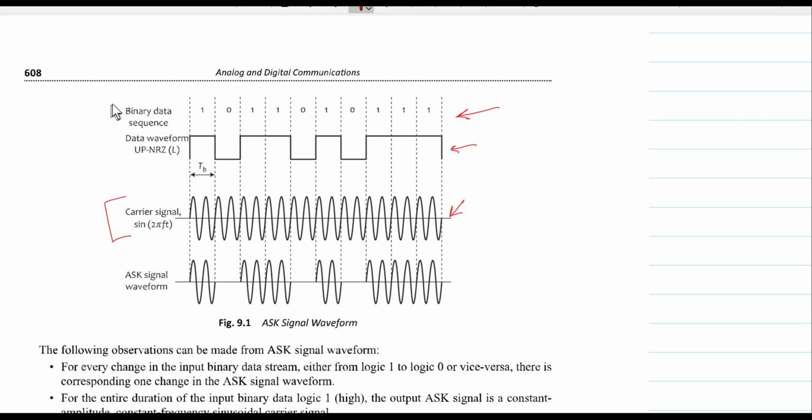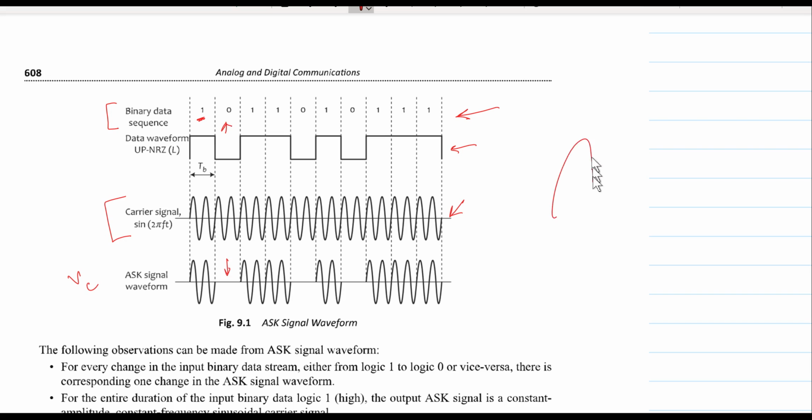So when we say that we want to vary the amplitude of this carrier with respect to the incoming binary sequence of ones and zeros, what we are simply saying is that for the period when we have symbol 1, we are going to maintain the amplitude at the maximum value, which we called VC. And when the sequence changes from 1 to 0, we vary the amplitude.